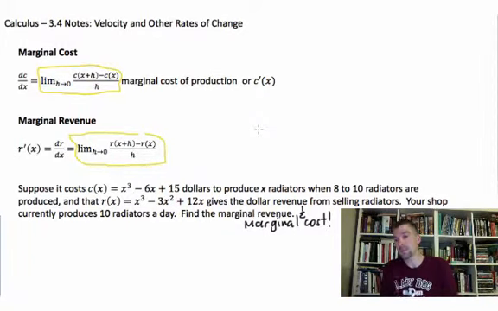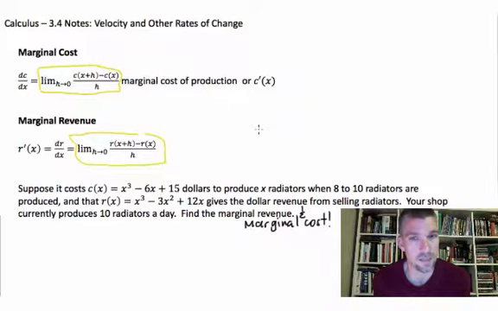Okay, and so what we want to do is find the marginal cost. I forgot to add that into your notes. So we're going to find marginal cost and marginal revenue as a radiator shop owner, and we crank out about 10 radiators a day. So what we've discovered through running our shop is that the cost to produce 8 to 10 radiators is x cubed minus 6x plus 15.